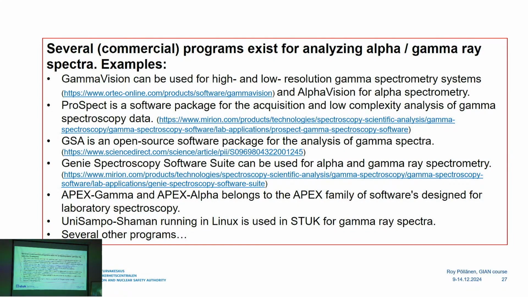GSA is an open source software for gammas. Genie, you have here, it is for alphas and gammas, as well as Apex Gamma and Apex Alpha. In STUK, we are using Unisampo Shaman program, which is running in Linux. But there are several other programs too.